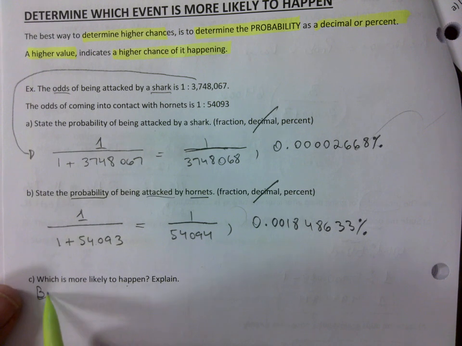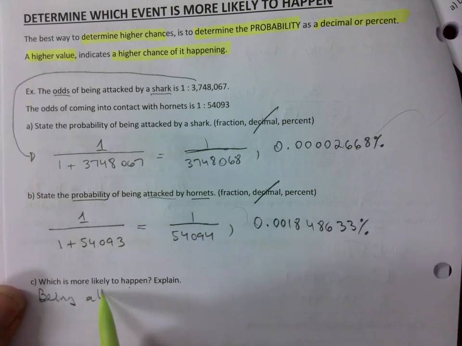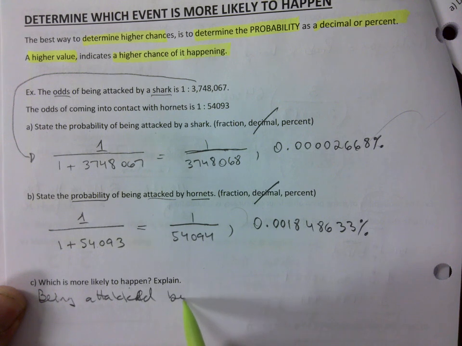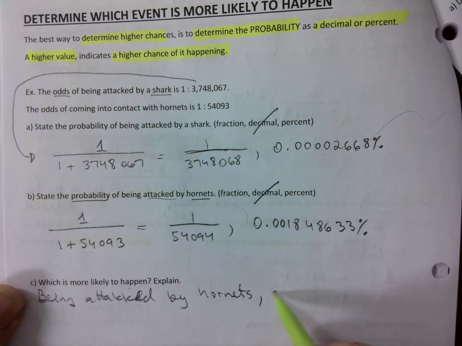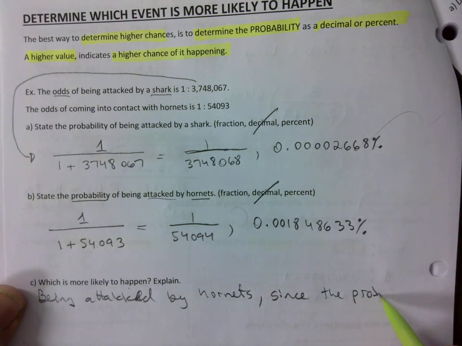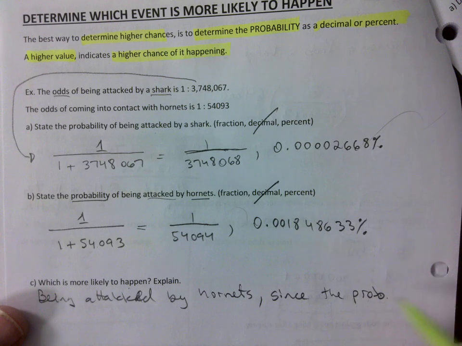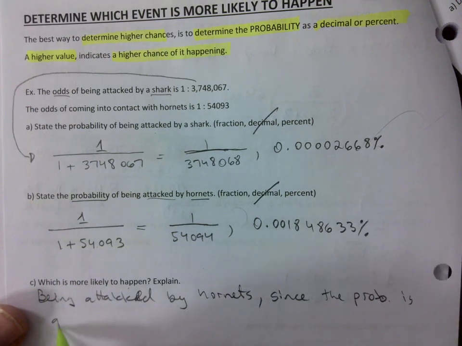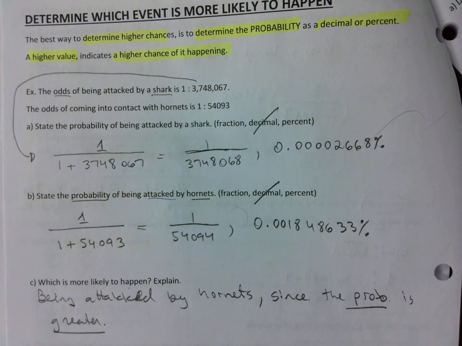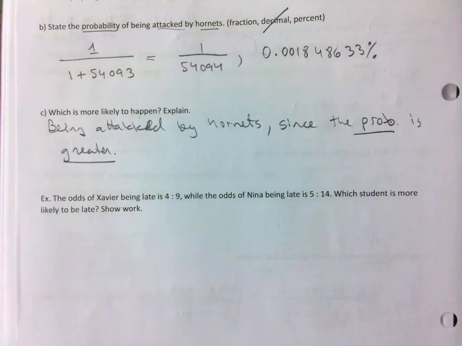So being attacked by hornets, since the probability is greater. Okay, that's how you know the probability is greater. That's how you know. You can't see that, can you? Let me just bring that up a bit. It's greater.